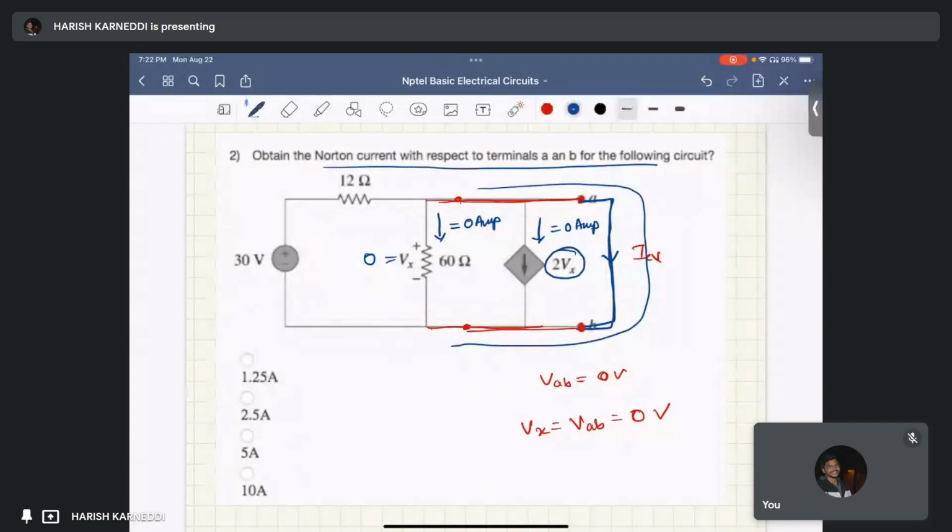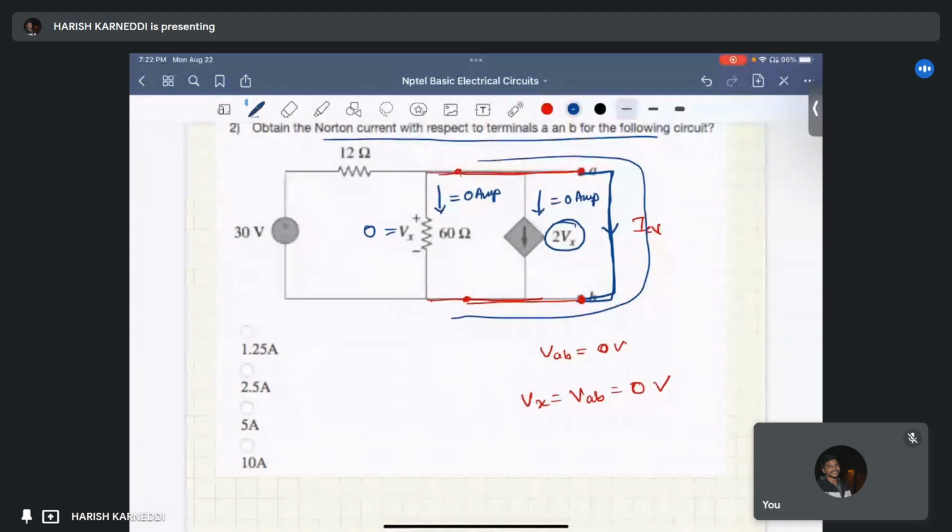Therefore, obviously, the total 30 volts is applied across this 12 ohm resistor.